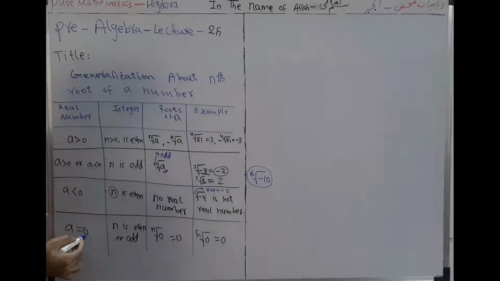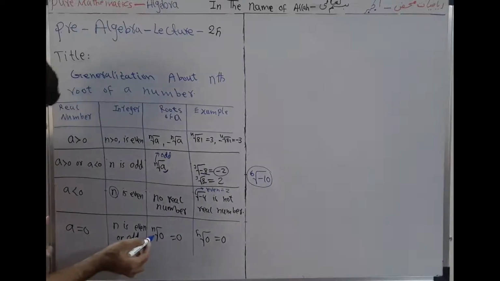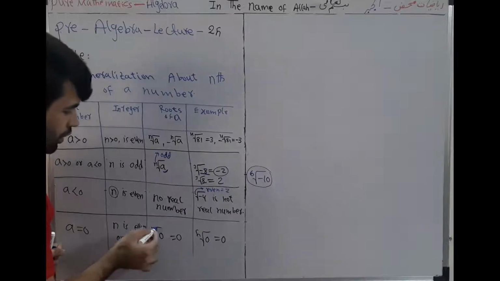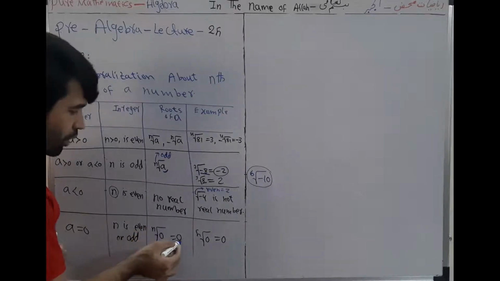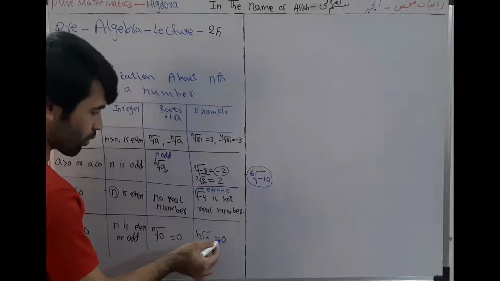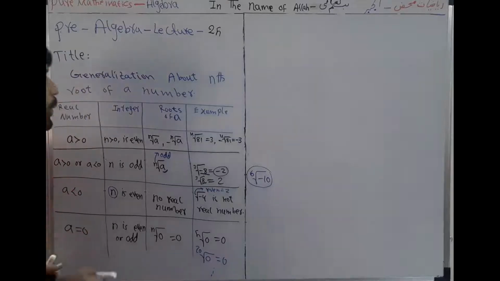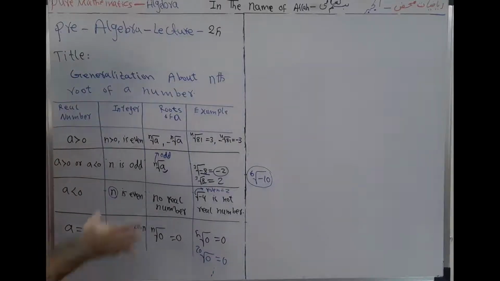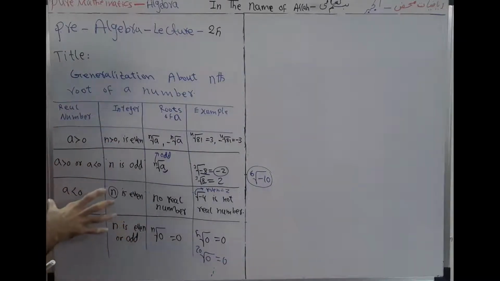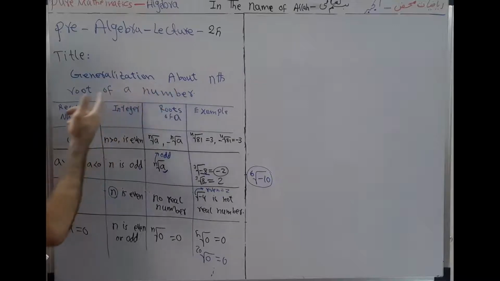Similarly, if a is equal to 0, whether n is even or odd, the n-th root of 0 is equal to 0. The fifth root of 0 is equal to 0, the twentieth root of 0 is equal to 0. It was the concept of the n-th root of a real number, generalization about the n-th root of a number.